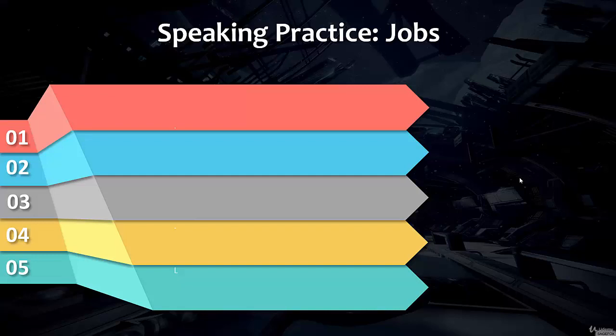Questions are going to appear on the screen. You shouldn't be looking at the screen. I'm going to say the question, and then I'm going to give you 30 seconds to answer. Then I'm going to say stop, move on to the next question. You'll hear me say it, and you answer, okay? All right. What kind of job do you do?